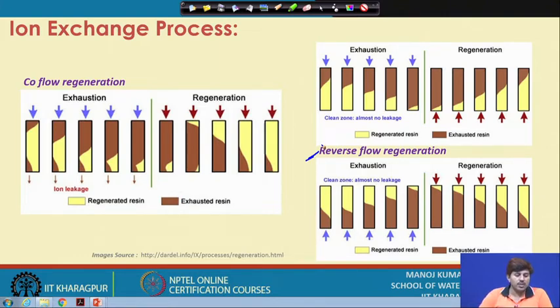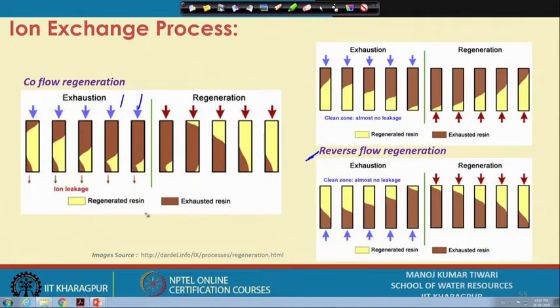In co-flow regeneration, say this is the direction of my flow. These are the exhausted ions in the water. Initially they get entrapped from the top and slowly cover over there, until almost everything is covered. When we try to regenerate this, it will again start losing from the bottom.